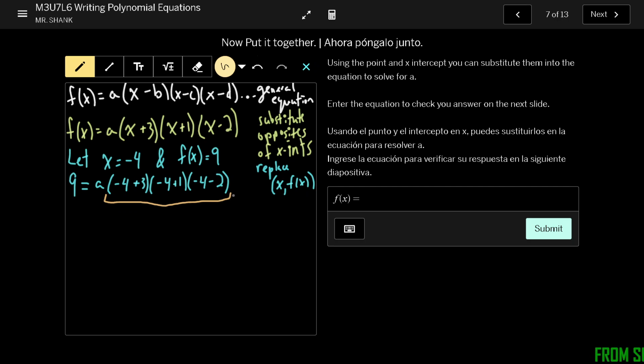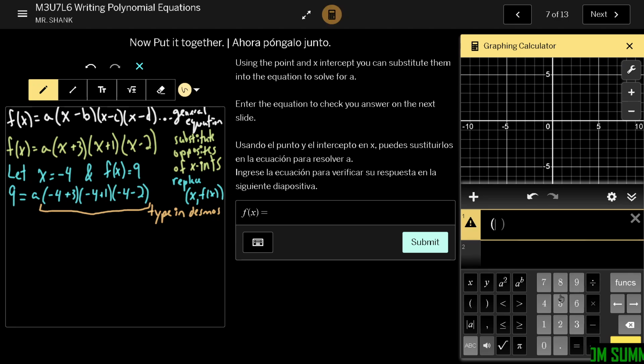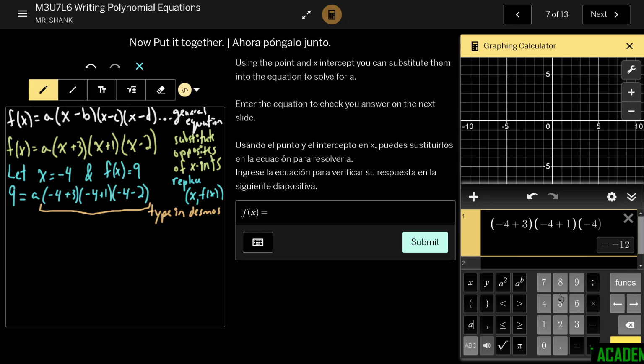So type in Desmos those sets of parentheses exactly as they look. I'm going to say parentheses negative 4 plus 3. Again, be very careful when you're typing these in. Make sure it's exactly what it needs to be. So I have negative 4 plus 1 times negative 4 minus 2.